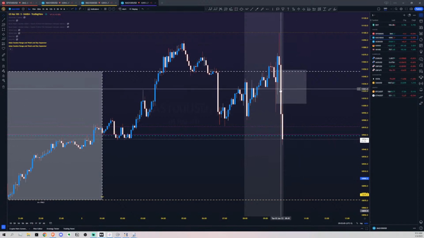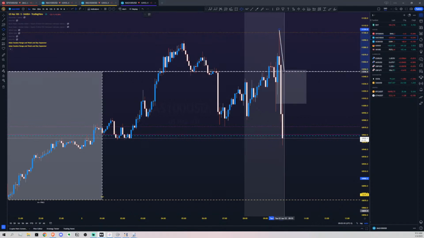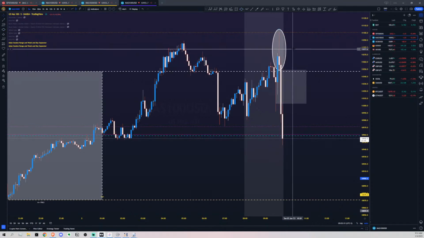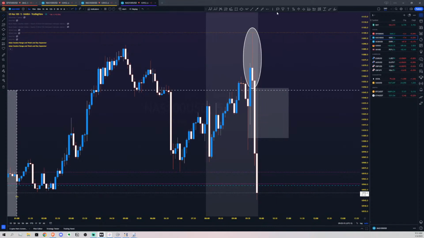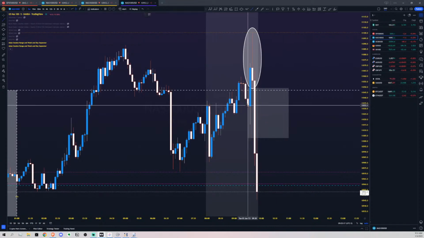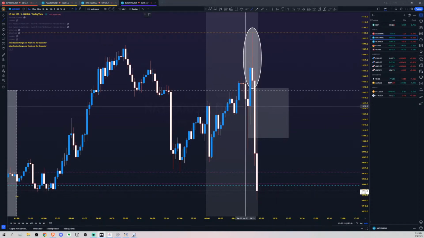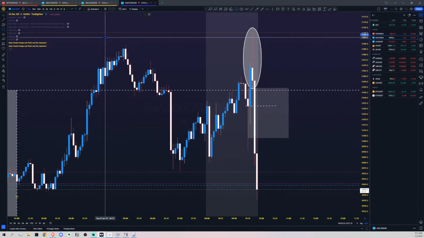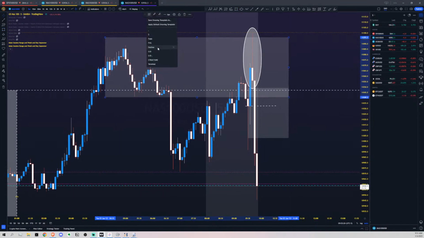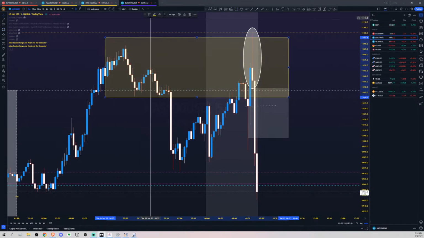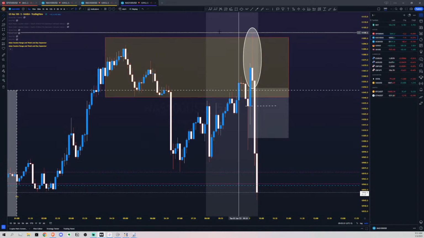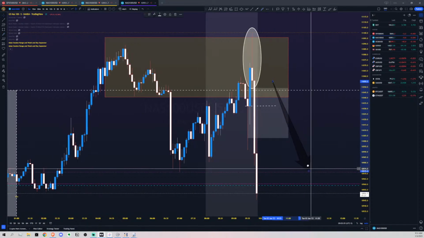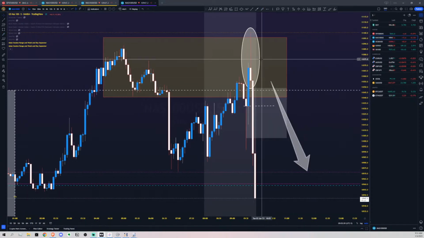Well, I would have been paying attention to this live action, and you would have seen it actively breaking this candle, affecting it, essentially bears pushing based off that pressure.